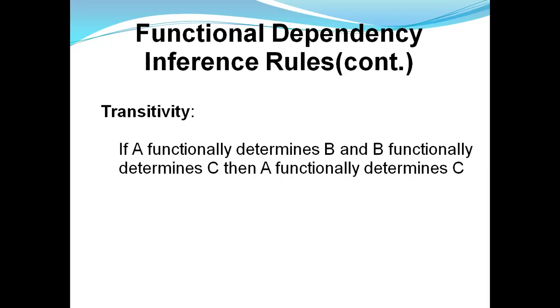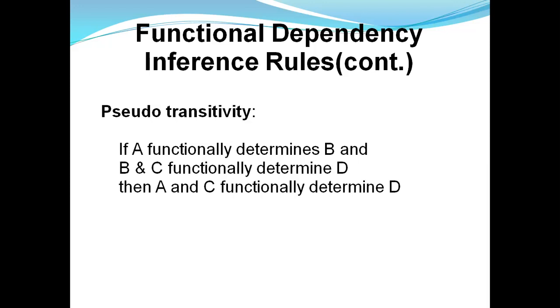B is directly determining C and A is directly determining B. Indirectly, A is determining C. That's called transitivity. After transitivity, pseudo-transitivity. Again, this is an extension of transitivity. If A determines B and B and C determine D.